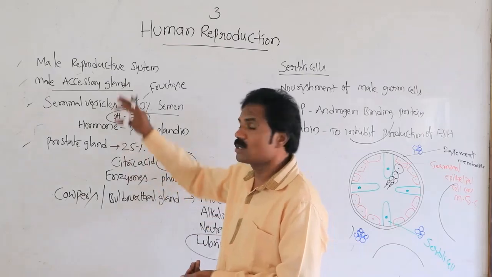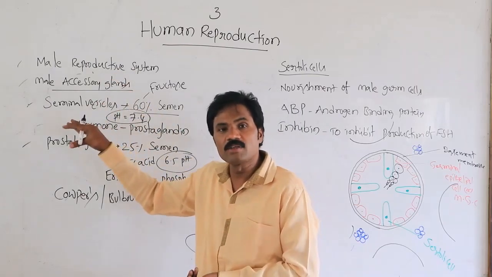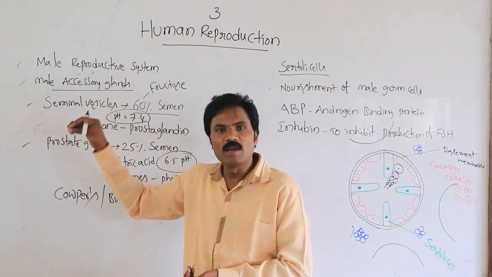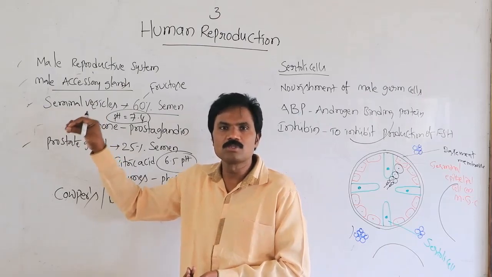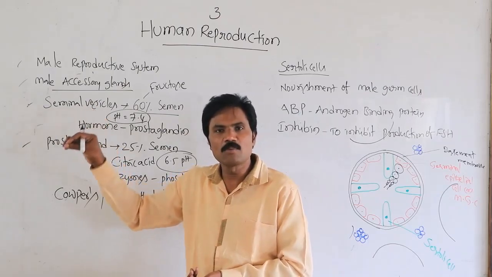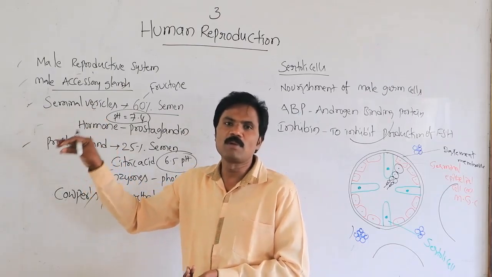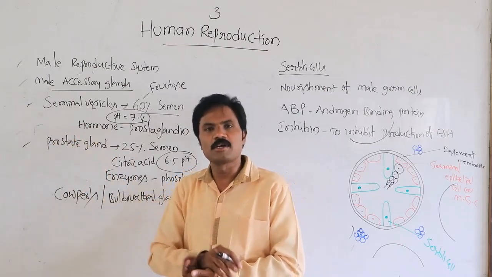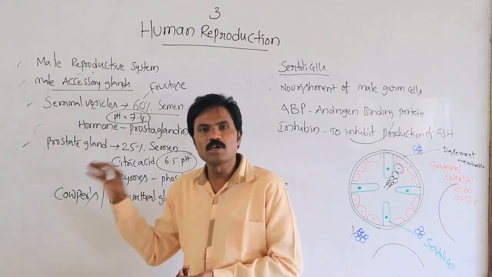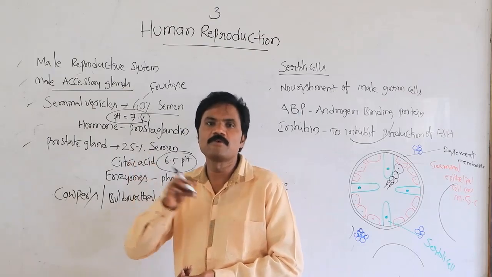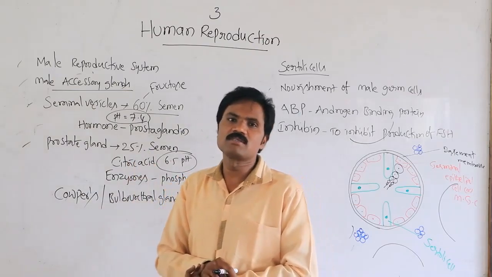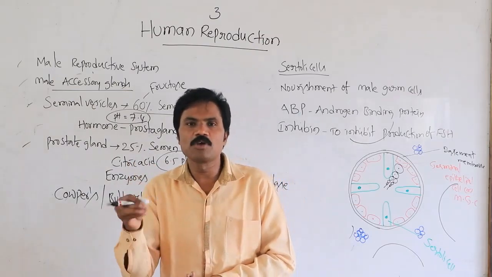Then apart from this, seminal plasma: what does it contain? Seminal plasma contains fructose, calcium and a certain amount of enzymes. Normally it is of alkaline nature. That is also important. Which part of the male accessory ducts temporarily preserves the male gametes?